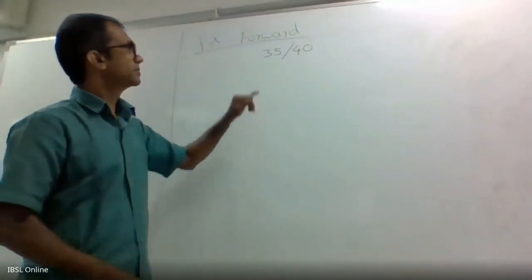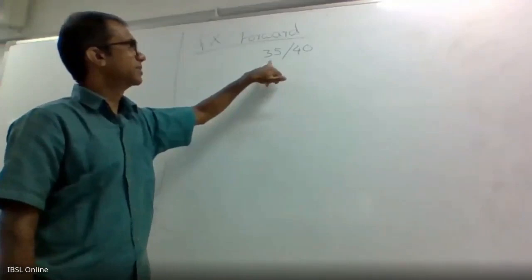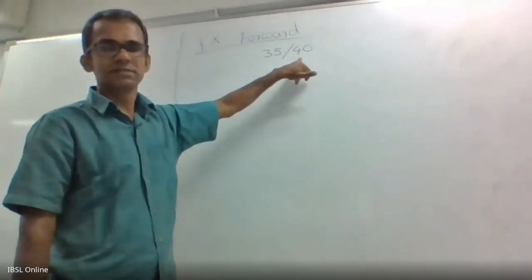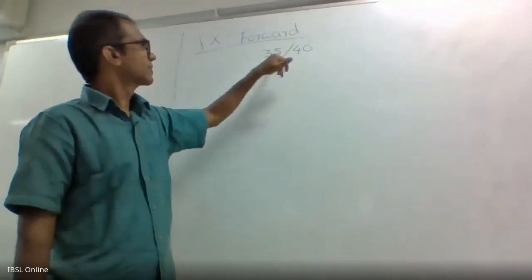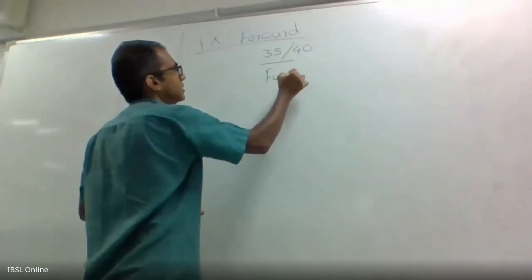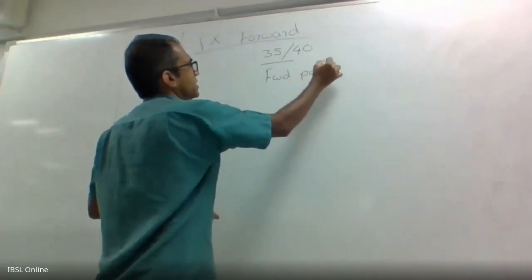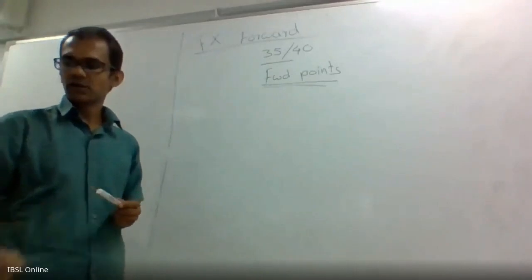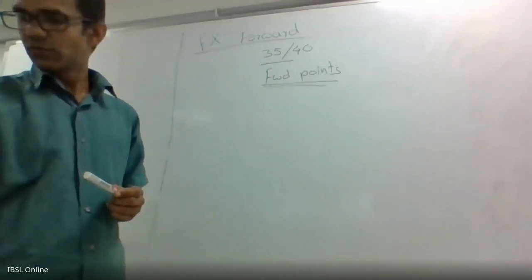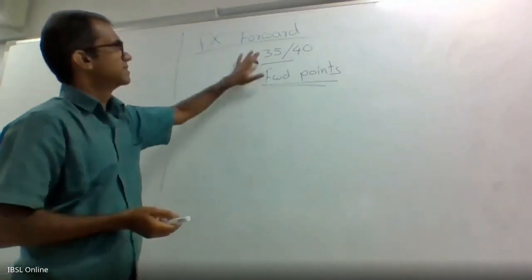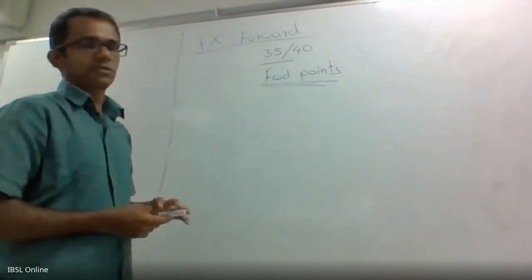For the spot rate, you have to add 35 or 40. This is bid. This is offer. So these are forward points. Now we'll discuss how you derive the forward rates when we have these quotes.